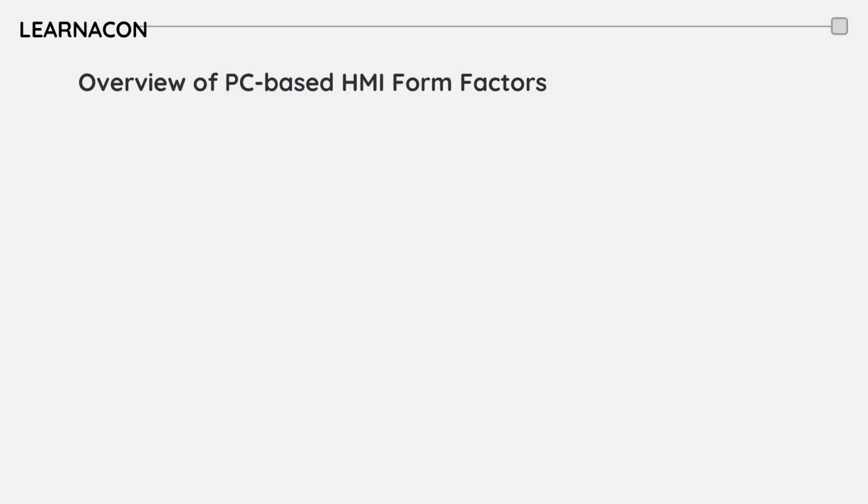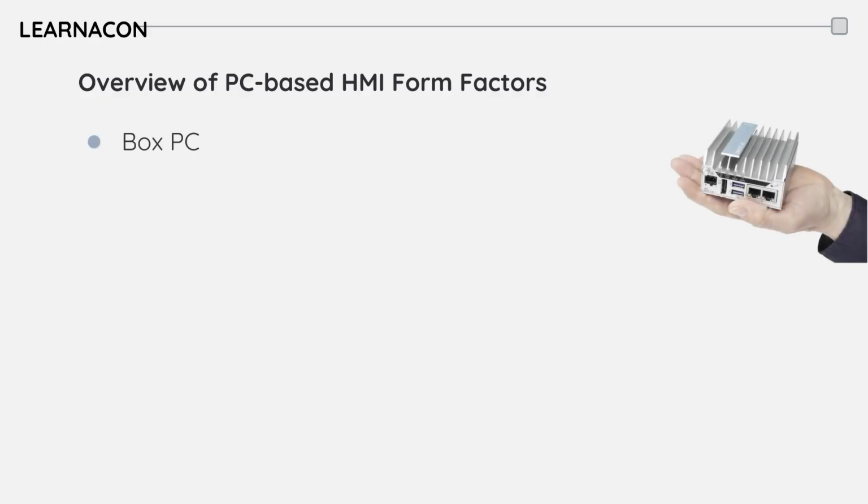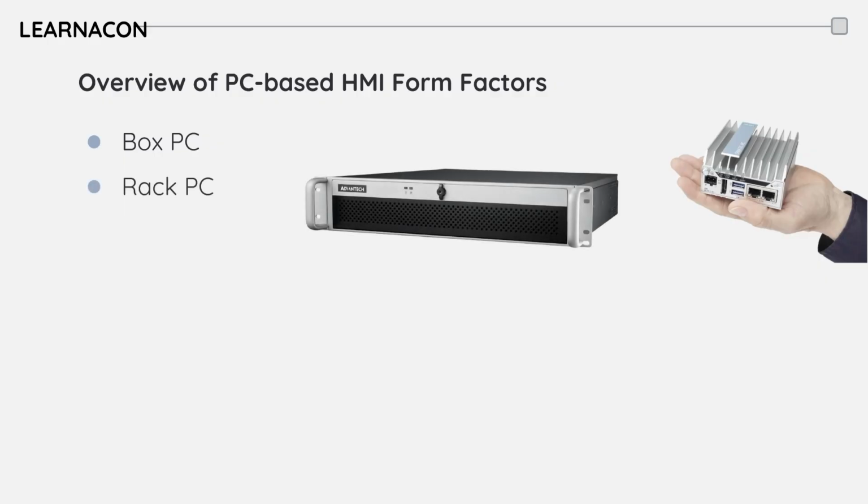In this part, we will explore the different form factors of PC-based HMIs, each tailored to specific use cases. First, the box PC is a compact fanless device designed to fit inside control panels, making it ideal for environments where space is limited. Next, the rack PC is built for 19-inch rack integration, offering scalability and high performance for more demanding applications.